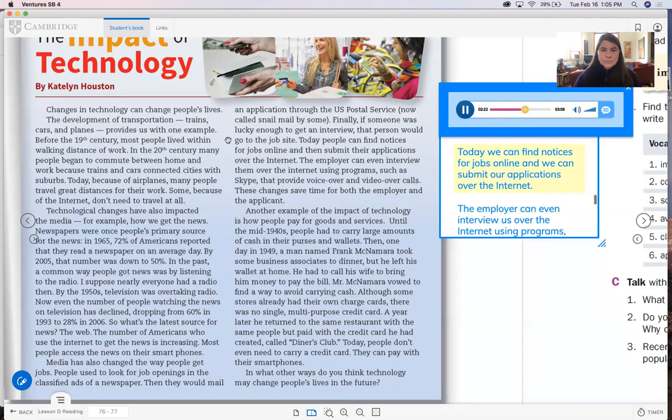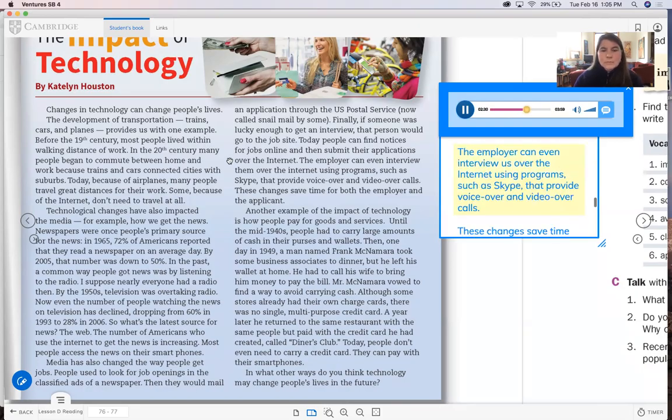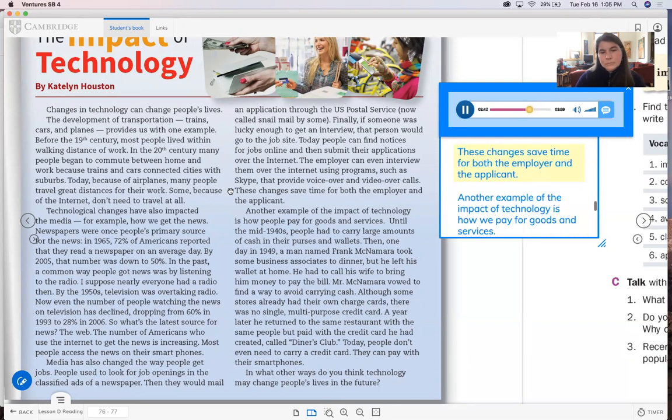Today, we can find notices for jobs online, and we can submit our applications over the internet. The employer can even interview us over the internet using programs such as Skype that provide voiceover and video over calls. These changes save time for both the employer and the applicant.